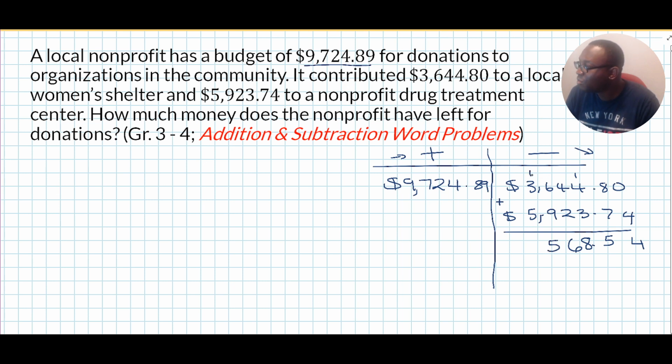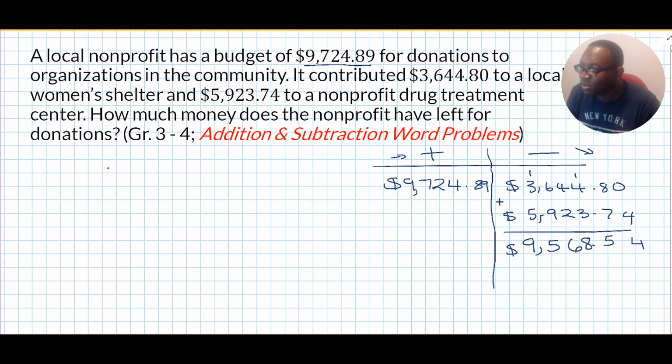And then we have 1 plus 3, 4 plus 5, we have 9. So that means that we have $9,724.89 available, but we've given away $9,568.54. So let's go ahead and find out how much is left over.